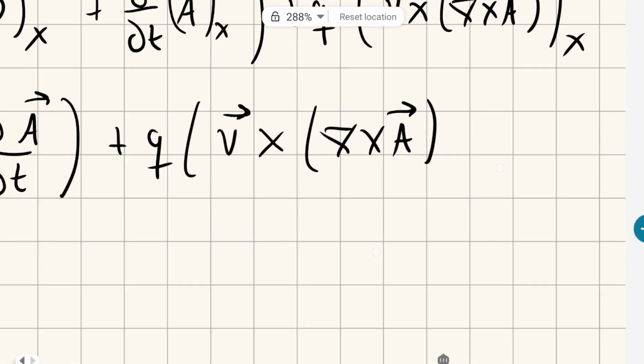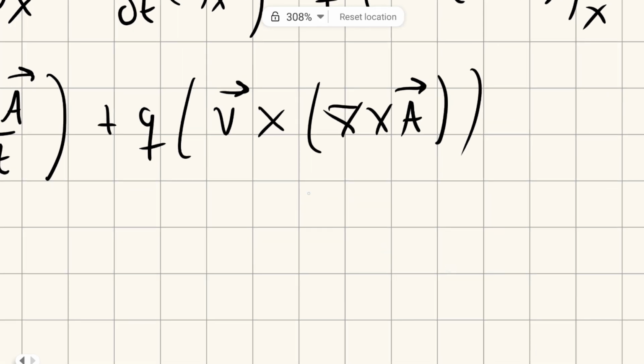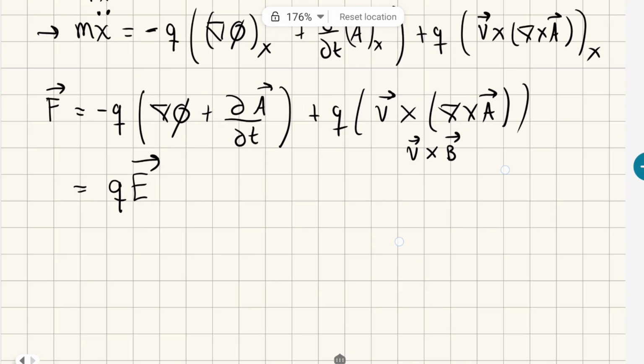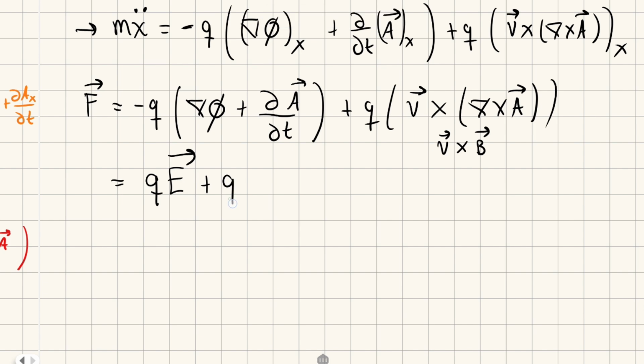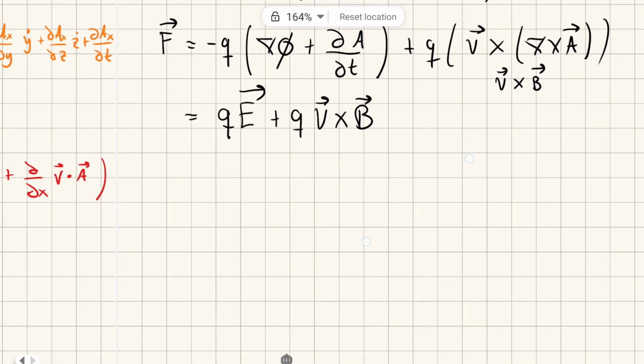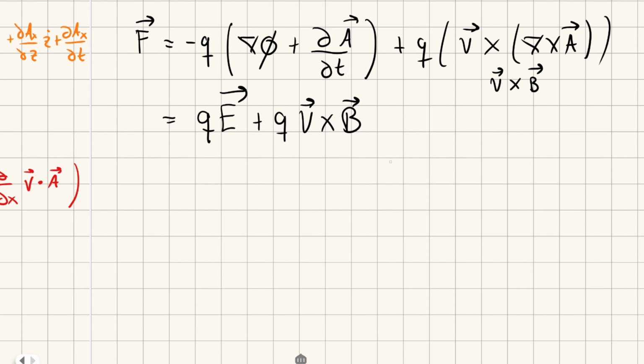And then here we have what we defined as the magnetic field or the magnetic induction, and here there is a parenthesis, right? So this can be seen as v cross B. Perfect. So we will have plus Q v cross B, which is very well identified as the Lorentz force.